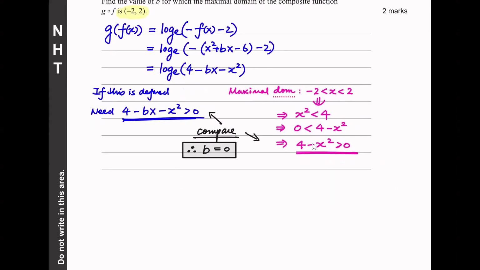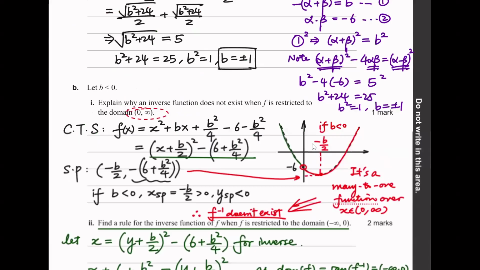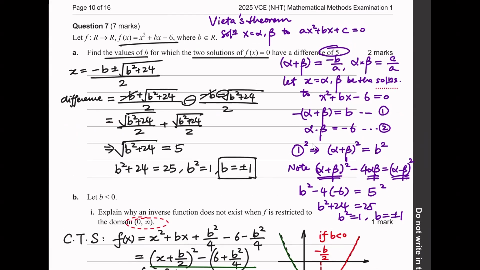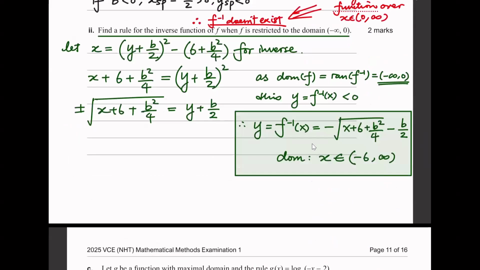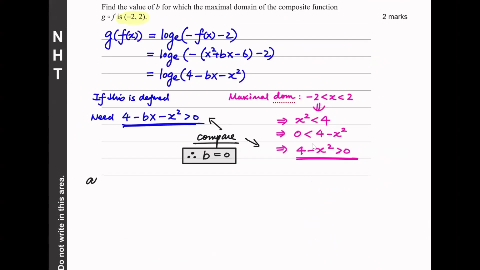Alternatively, we use the difference between the two solutions. Once you get the log e of 4 minus bx minus x squared, consider 4 minus bx minus x squared equals 0. So you get x squared plus bx minus 4 equal to 0.